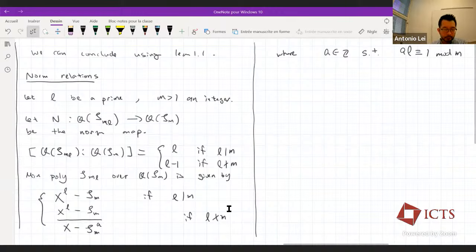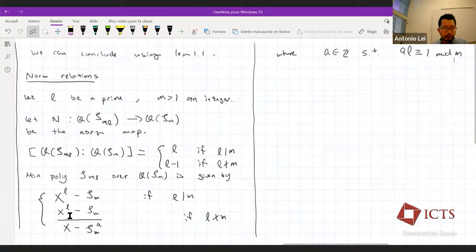So yeah, when you put this inside this polynomial, the fact that a times L is 1 mod M would tell me that this element raised to the Lth power would give me zeta M. And this element is already inside this extension, right?